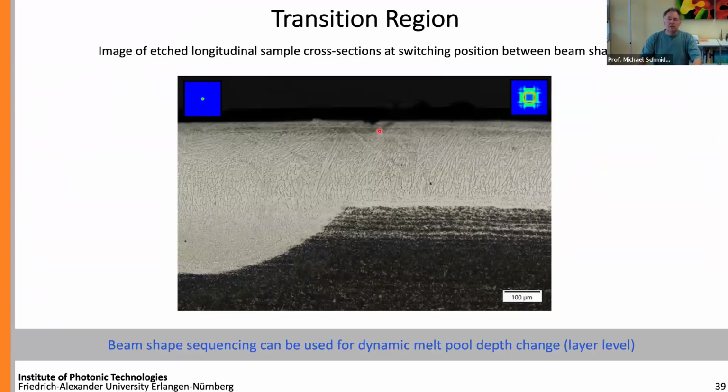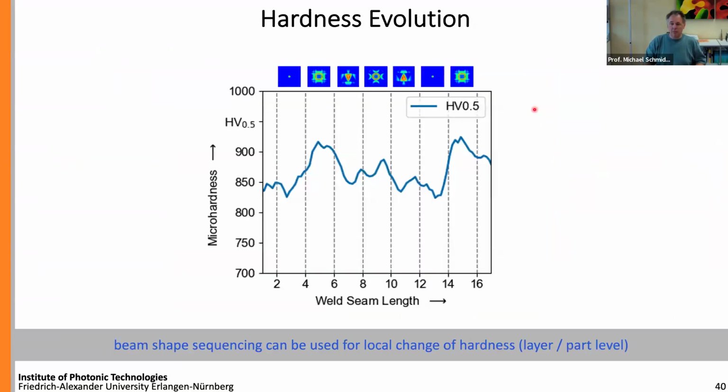As well, and this shows the penetration depth, if you, for some reason, want to have different penetration depth in different areas of your part, of course, this comes as well with changing the beam shape. And also coupled to this, if you remember again the process chain, we have a different microstructure, depending on the material that you use, resulting in different hardness values.